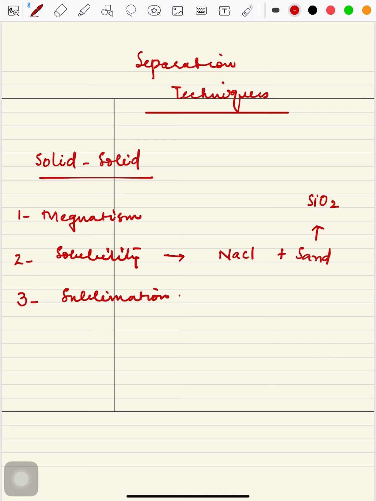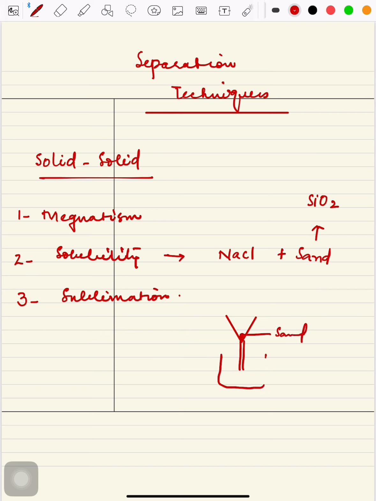It means that when we try to pass this whole mixture through a filter paper, what will happen? I'm going to draw this diagram here. This is called a filter funnel, and here is the solid, called the residue, which is sand at the top.